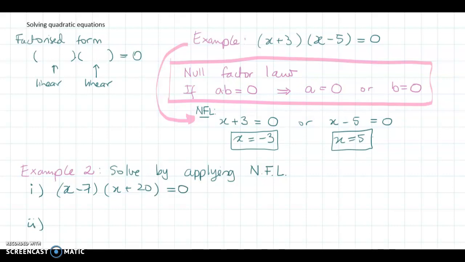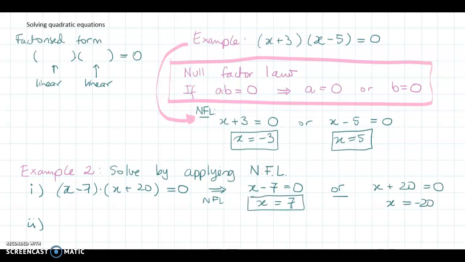I have two brackets being multiplied and the result is 0, so one of them has to be equal to 0. By the null factor law, the possible solutions are either that the first bracket x - 7 is equal to 0, which means x = 7, or the second bracket x + 20 is equal to 0, so x has to be -20. Those are the two solutions for our quadratic equation given in factorized form.